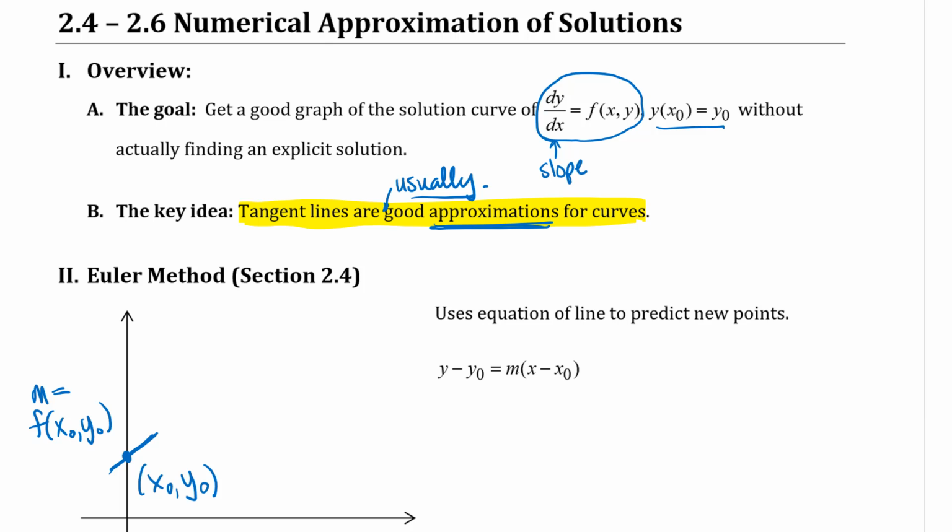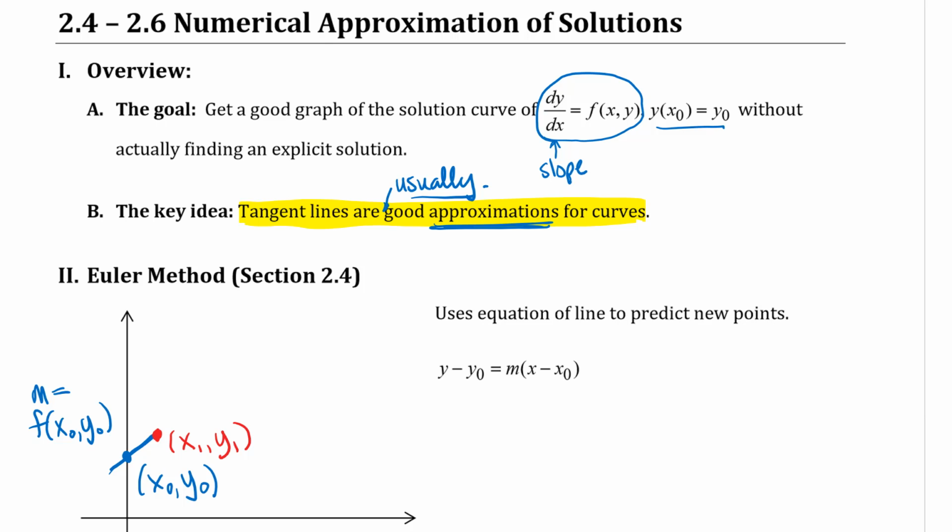All right, so if what we're looking at is a differential equation whose solution is a curve, then it doesn't exactly match that tangent line, but at least locally, on a small little interval, we can use that tangent line as a good approximation for the curve. Then you would use that little tangent line to identify another point, some specific distance away. I'll call that (x1, y1). So I'm just going to use that equation of the line to get a new point, a little bit of a distance away. And then I'm going to repeat the process.